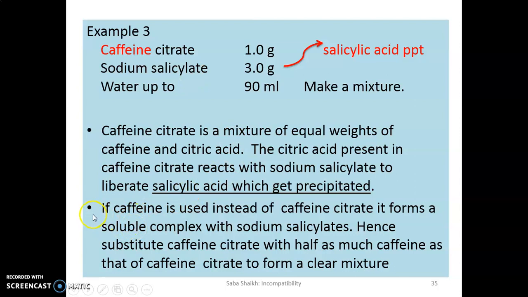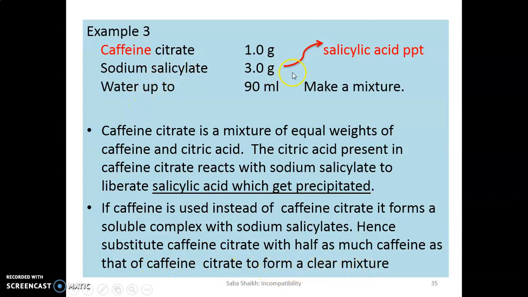So here in the second point we have discussed, if caffeine is used instead of caffeine citrate, means instead of caffeine citrate, just use caffeine in more amount so that citrate will be omitted. Citrate is not present, so there will be no precipitate formation. So if caffeine is used instead of caffeine citrate, it forms a soluble complex with sodium salicylate, and hence forms the clear mixture.